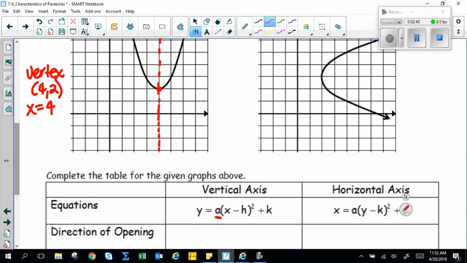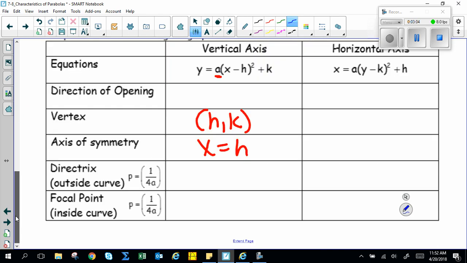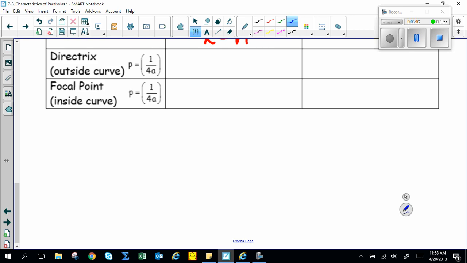If I wanted to find the a value, first semester, we found a second point on the parabola, and we either plugged in the h, k and solved for a, or we used the counting scheme. You guys remember what the counting scheme is? Yes, you do. The counting scheme is the parent function.